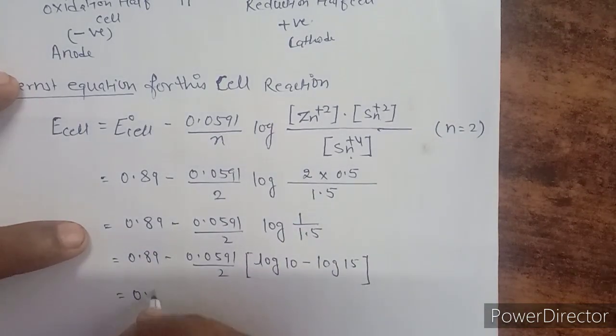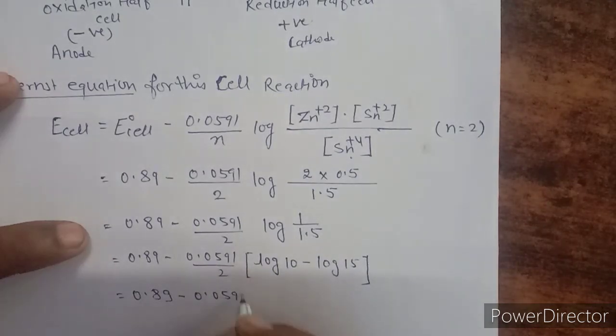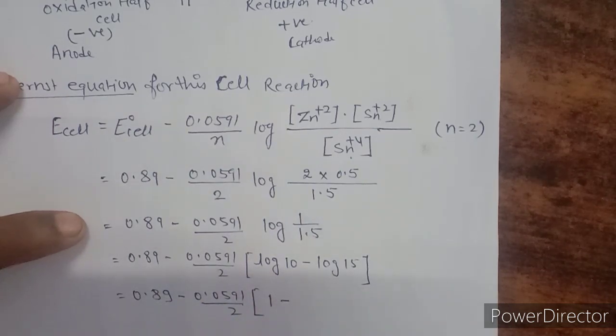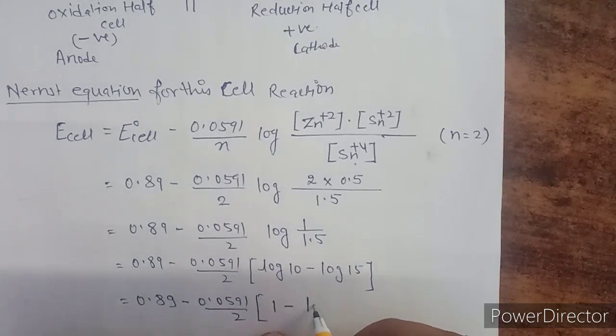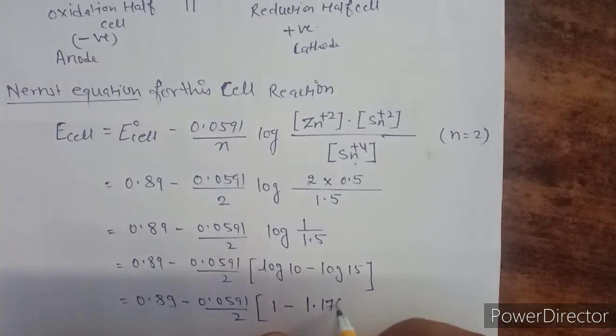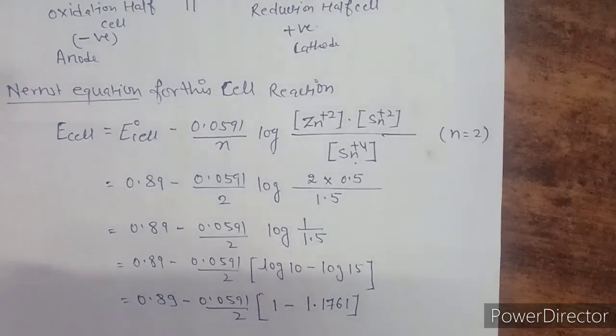Now put the values of log 10 and log 15. Log 10 is equal to 1, log 15 is equal to 1.1761. This is the value of this.